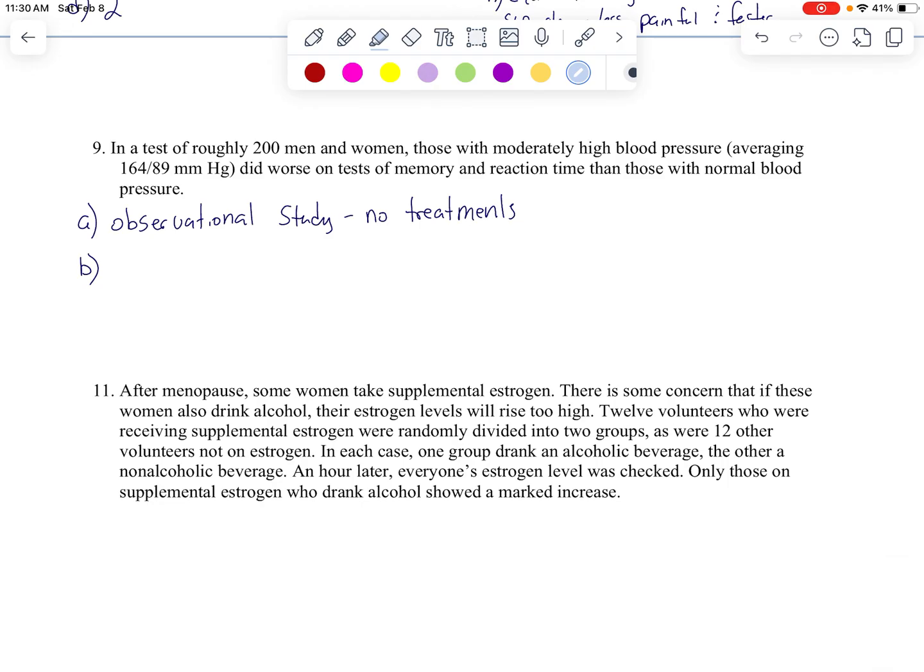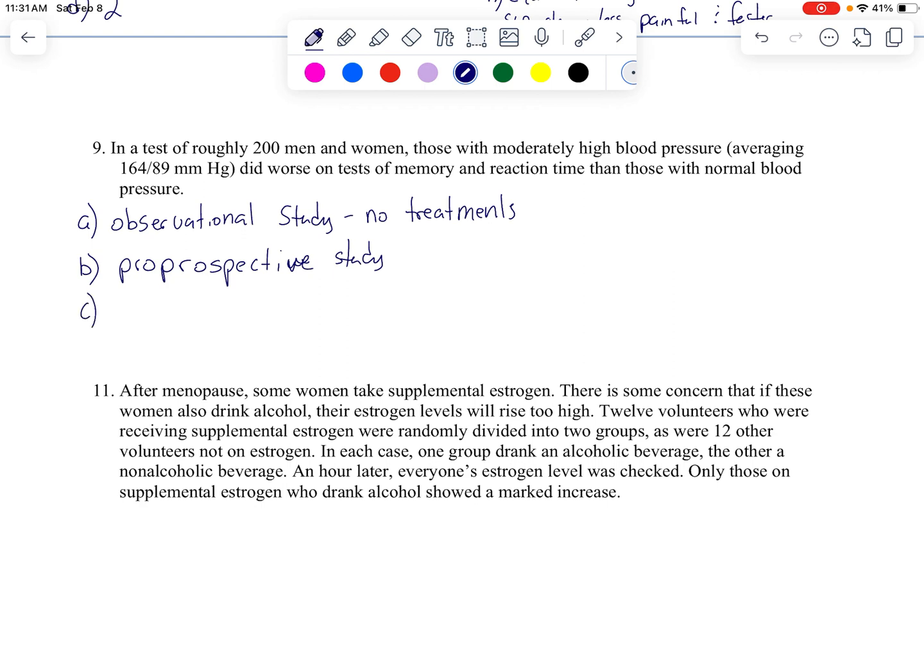So B, if I remember right, it is a prospective or retrospective study. And this one's a little hard because it's not like I collected it and looked at old data. But because I didn't look at old data, we will just call this a prospective study. That one's a little inconclusive, but I'm going to go with prospective.